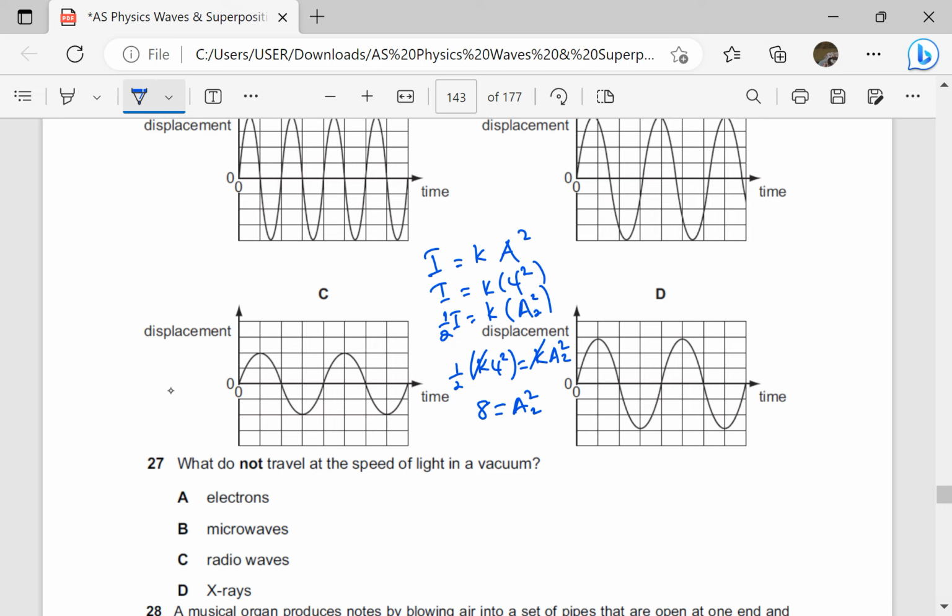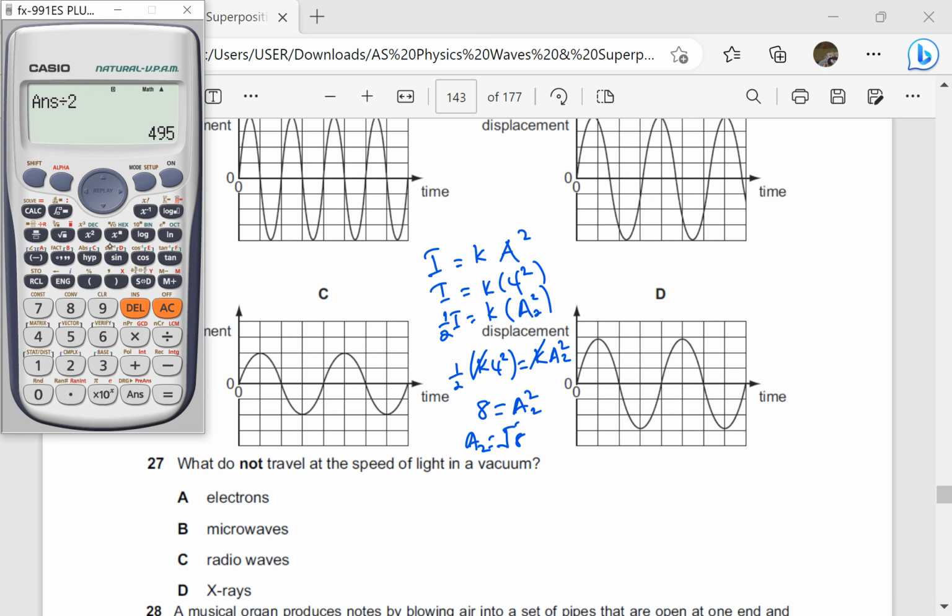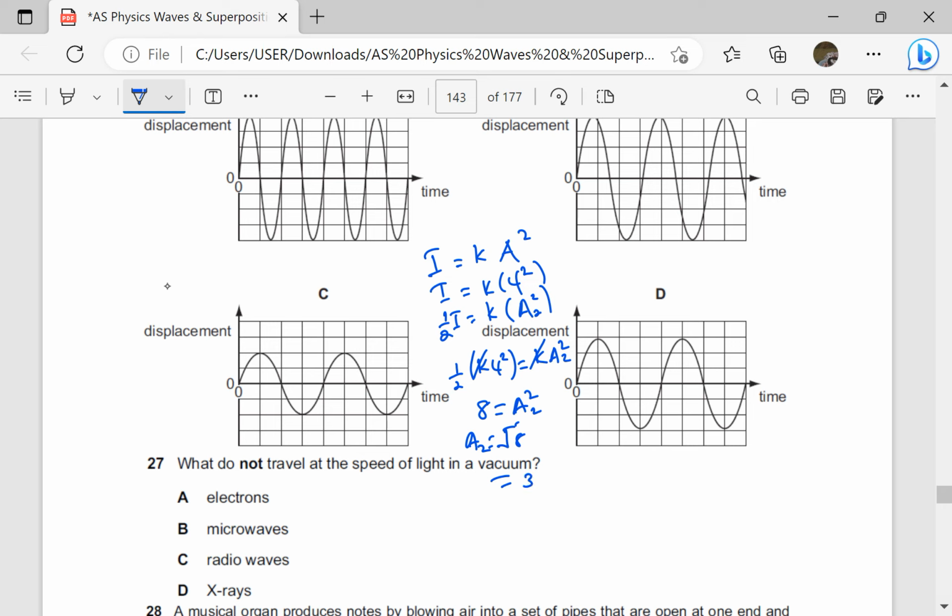That means A2 is the square root of 8, and the square root of 8 is 2.8, approximately 3. So this is going to be very close to 3 boxes. This one is showing 2 boxes, so this is wrong. This one is close to 3 boxes, so the answer is going to be D.